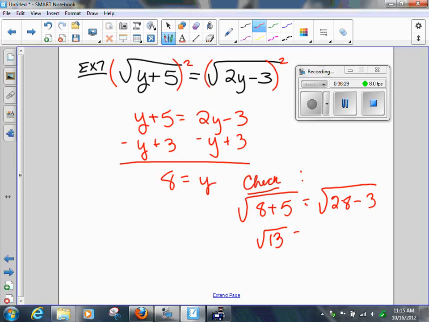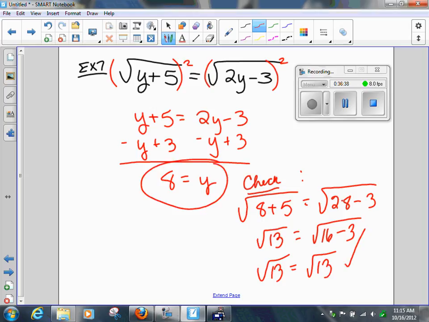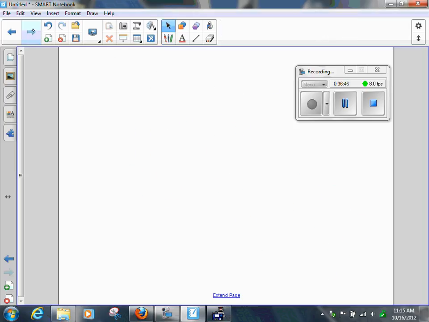Square root of 13, square root of 16 minus 3. Guys, square root of 13 equals square root of 13? Yep. So I have a solution, right on. Isn't this easy? This is so easy. The thing you have to be sure that you do in the end is just to check.